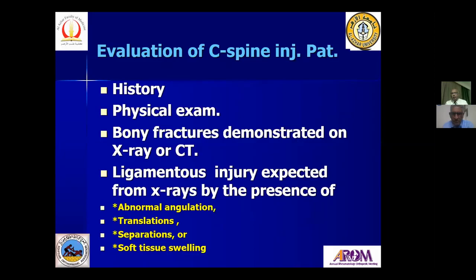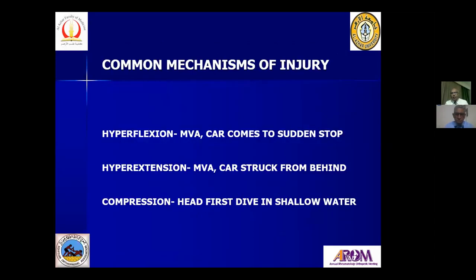So the evaluation of the cervical spine starts with history and physical examination. The bony fracture is demonstrated on the X-ray or CT, but ligament injury is suspected from the X-ray by the presence of abnormal angulation, translation, separation, or soft tissue swelling. The common mechanisms of cervical spine injury are hyperflexion, hyperextension, or compression injuries.